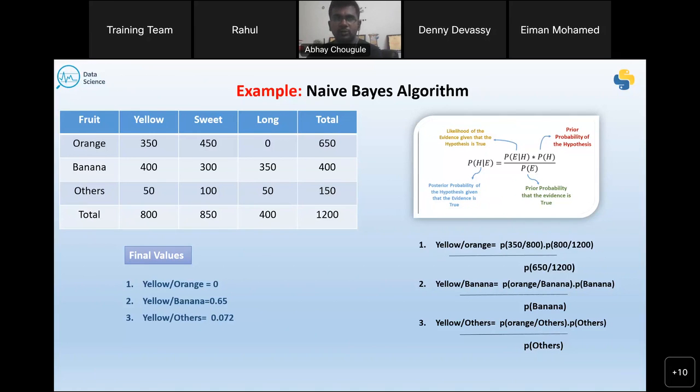Each and every category will be applied on the observation points, yellow observation point, sweet observation point, each and every independent value, and then it will give you the answer. I have taken an example of another data set as well, but for the formula purpose I have taken this example, for understanding purposes.